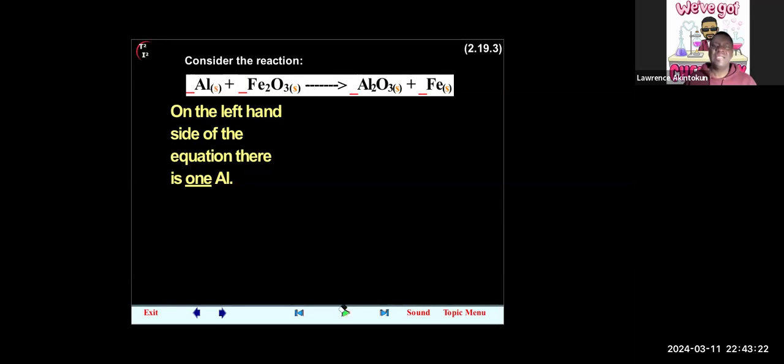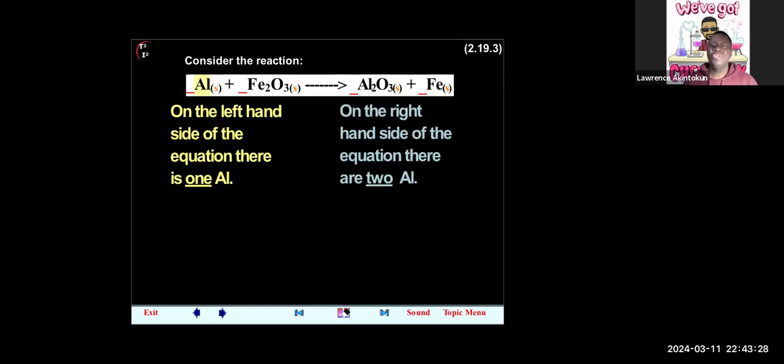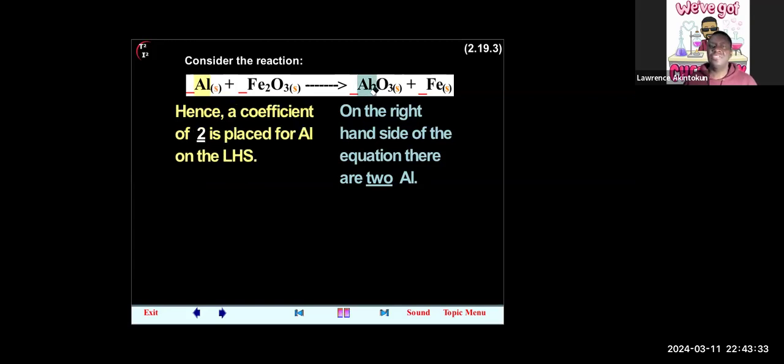On the left-hand side of the equation, there is one aluminum. On the right side of the equation, there are two aluminum. You can see the subscript. So in order to make them equal, what do you do? You put 2 in front of aluminum on the left side to balance the aluminum on the right side.